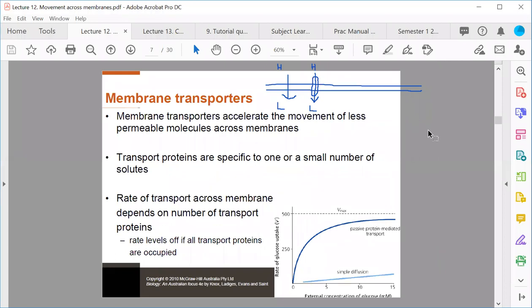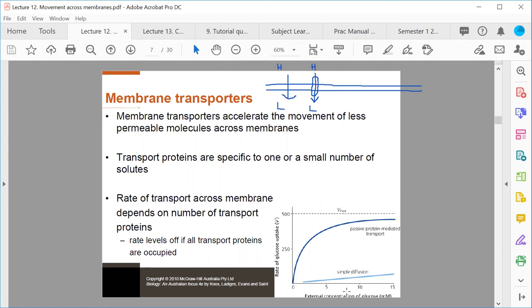Okay, that's better. So we can see this graph. Just looking at the graph down here, which is looking at the transport of glucose. So here we've got the rate of glucose uptake. And down along this axis, we've got the external concentration of glucose in millimolar.